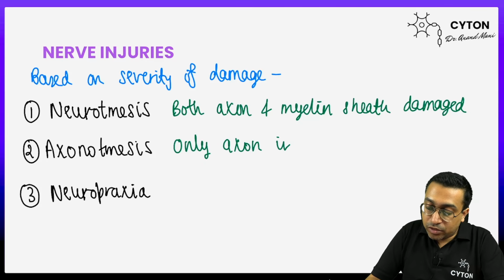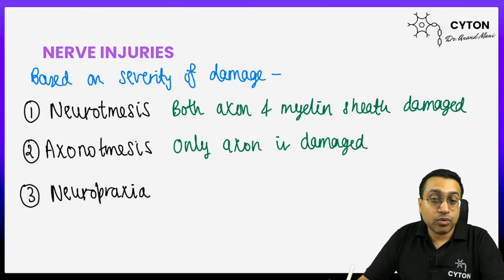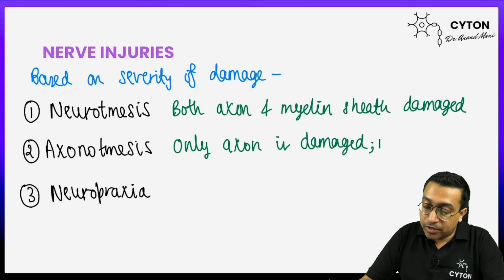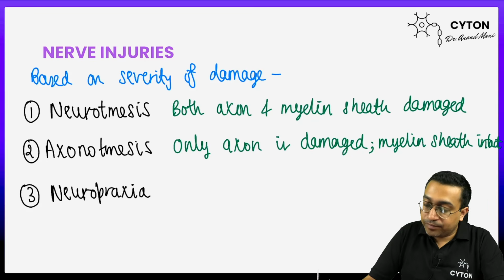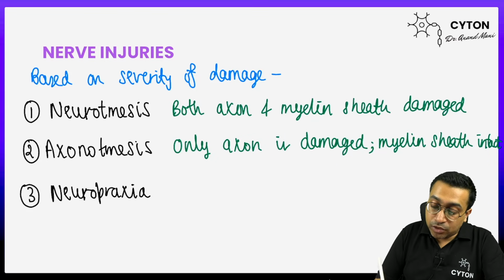So what happens? The myelin sheath is intact. Then neuropraxia.